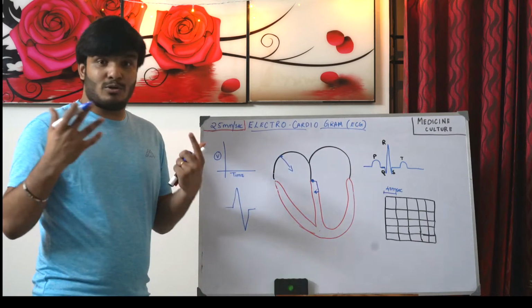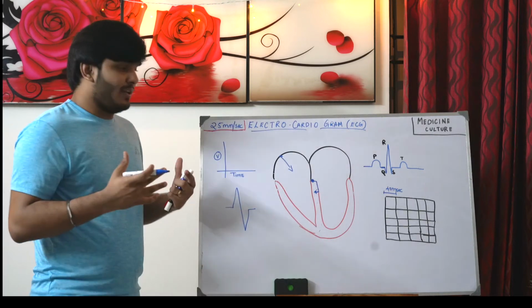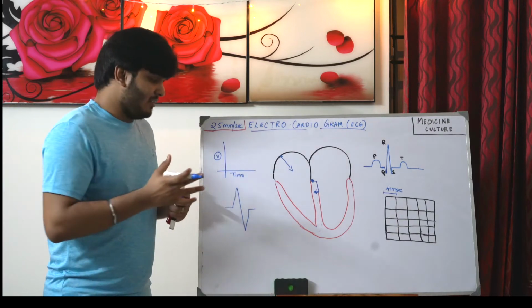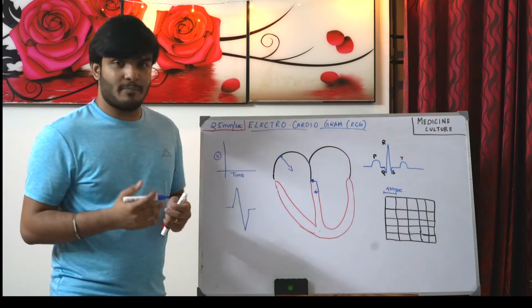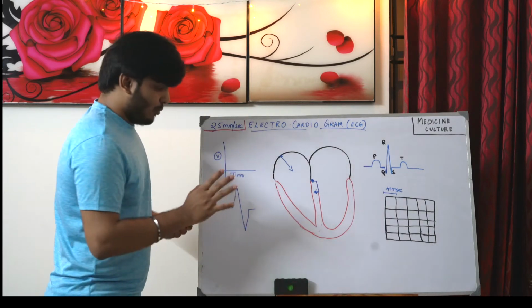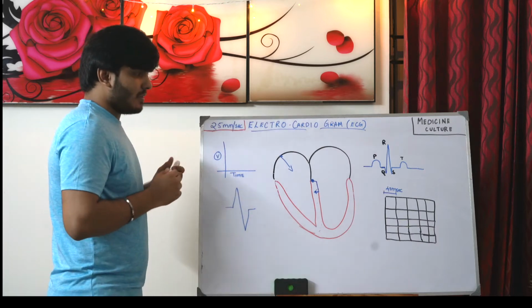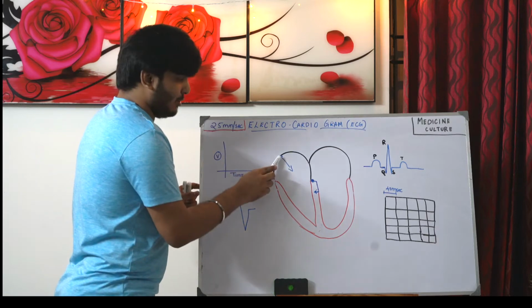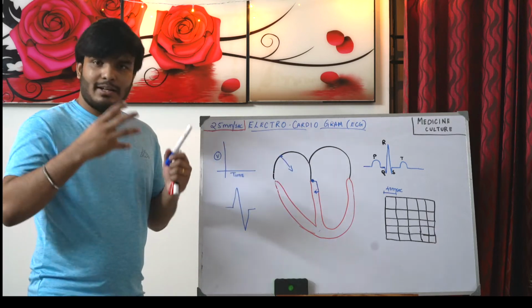Now you can raise a question right now. You said that when it moves perpendicular to the electrical axis of the heart you get a biphasic wave, but I can't see a biphasic wave there. Okay, I have an answer for you. During atrial depolarization, the impulse goes from the SA node to the AV node, and the atria depolarize.